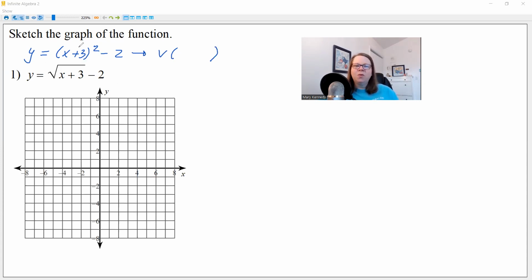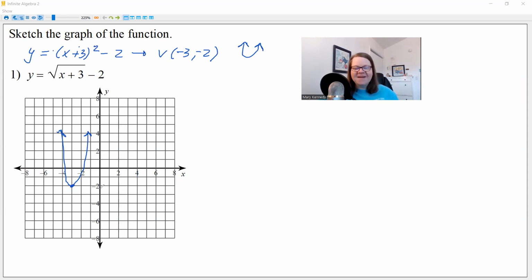And the vertex, remember, would be the opposite of the parentheses and then the number at the end, right? So it would be at -3, -2, and it's going to be opening upward because A is positive right here. So it's just a basic parabola at -3, -2. So you would know that it's going to look something like this.